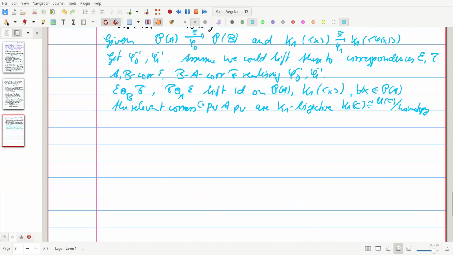Therefore, we know that this E tensor over B with F maps the generators P_v again to P_v and U_v to homotopic unitaries.